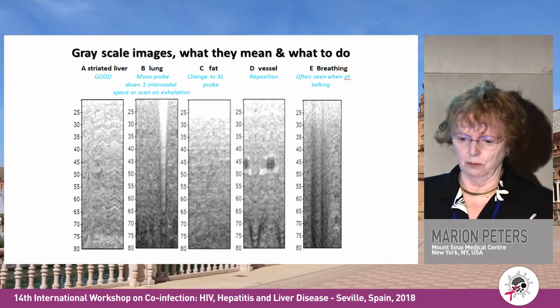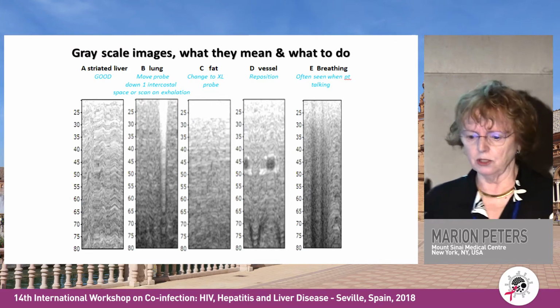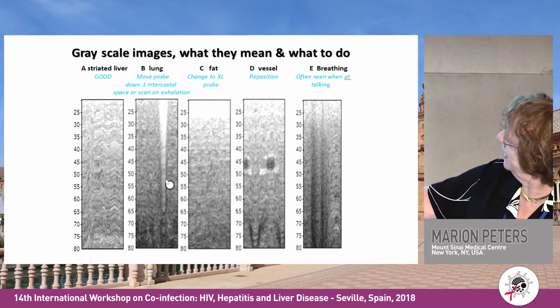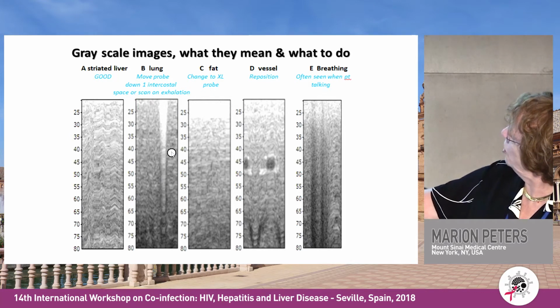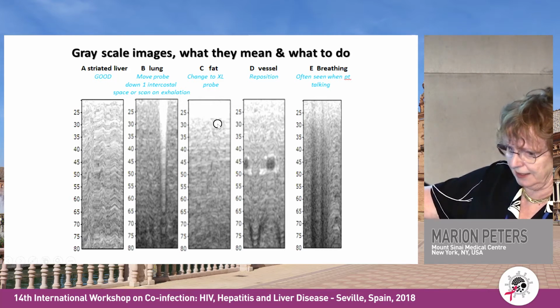So here are some of the problems. On the left, that's a very striated liver, but it's a good result. The next one, you can see the lung here. You need to move the probe. Here you can see too much fat. You need to change to the XL.